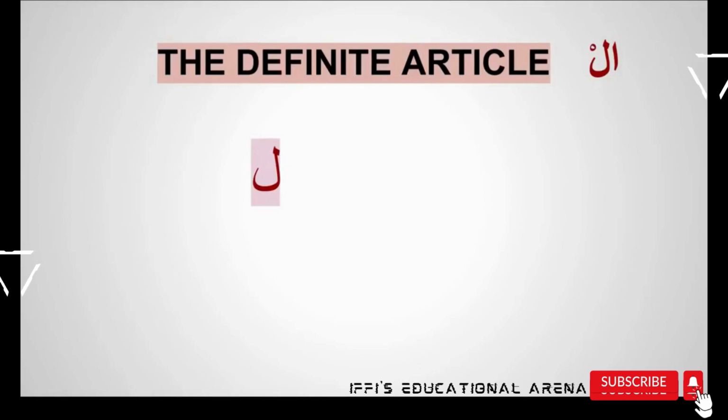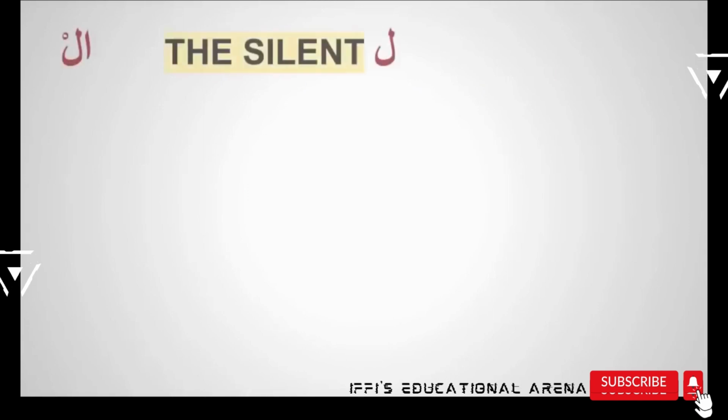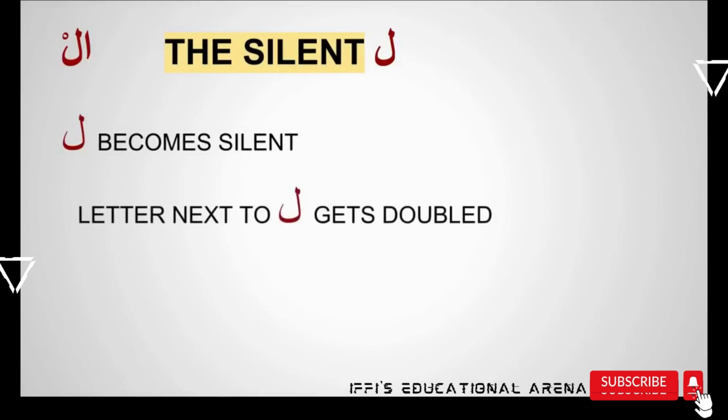See what is so special about this lam of al. This lam becomes silent when certain letters come after it. We have done this before, inshallah. It is a revision, and for those who already know, it's a revision for them as well. So this lam becomes silent, and the letter next to the lam gets doubled and you get the sign of shadda.